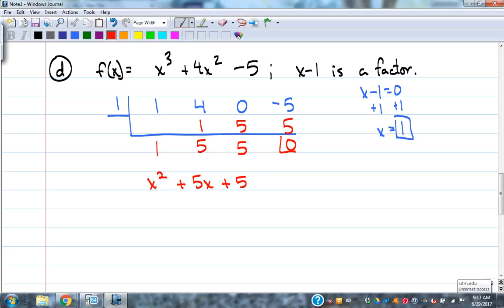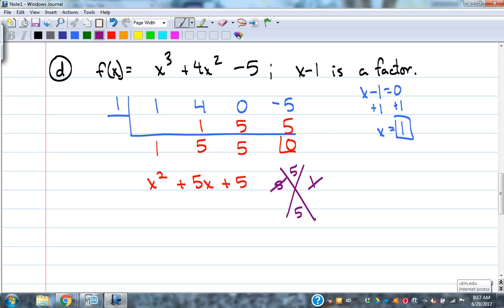It's got 3 terms, so I'm going to try the x method. Is there anything that multiplies to be 5 and adds to be 5? No. If I did 5 and 1, that's the only option for multiplying to be 5. That adds to be 6. So that doesn't factor any further.